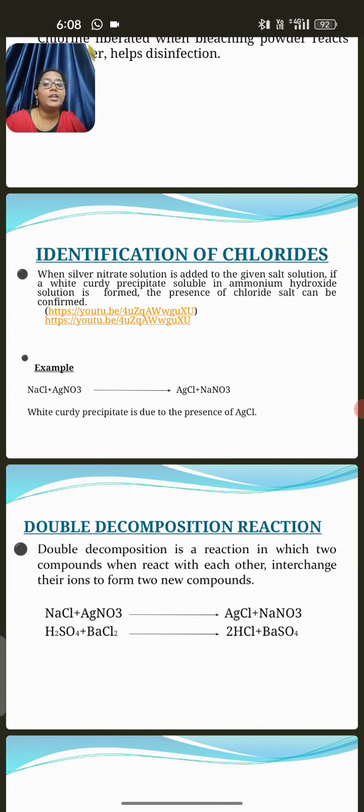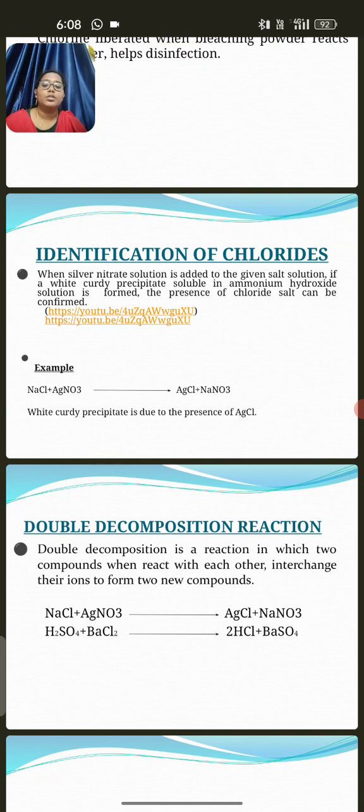We saw a white curdy precipitate while adding silver nitrate. This is due to the presence of silver chloride, that means AgCl. When NaCl and AgNO3 react with each other, AgCl and sodium nitrate are formed. This silver chloride is the cause of the white curdy precipitate. Hope you all understand.